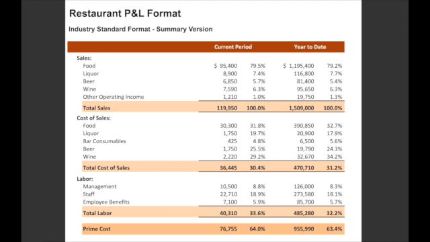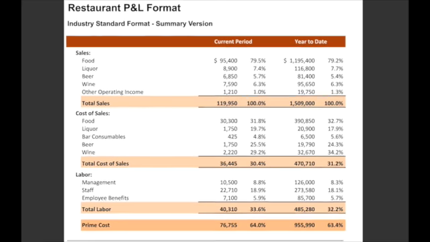Next, you've got labor at $40,310, or 33.6 cents of every dollar that came in the door had to go to pay for the employment staff. All of these numbers compressed, your total cost of sales and your total cost of labor minus your total sales gives you your prime cost. In that prime cost, that percentage is 64%, just looking at the period, not the year to date.